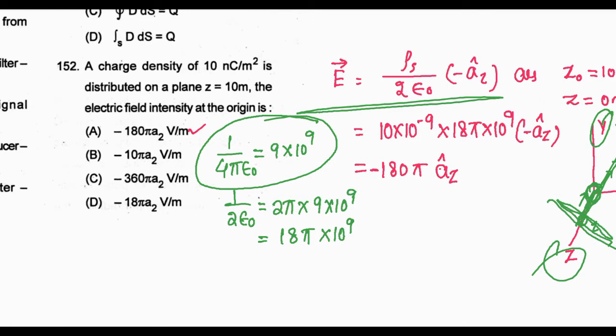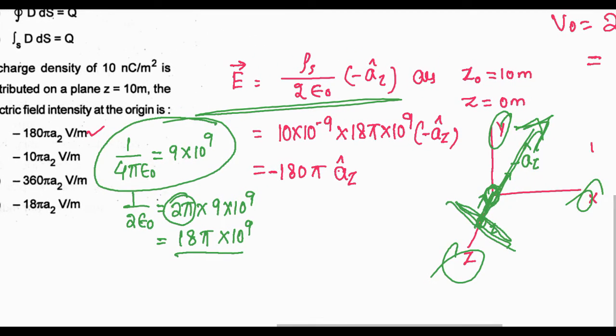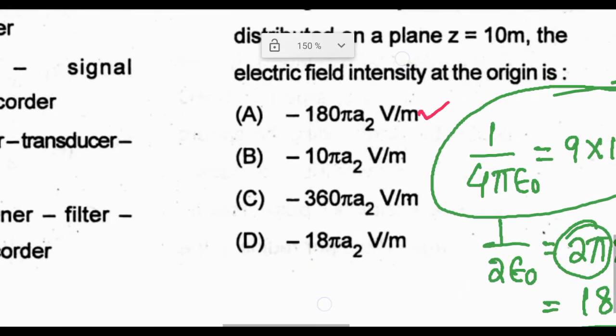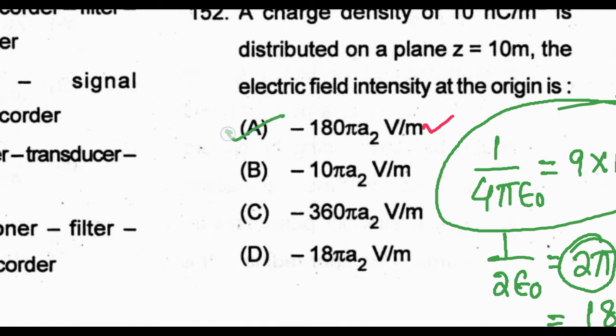So what will be 1 by 2 epsilon? This will be 2 pi into 9 into 10 to the power 9. So here I have taken 2 pi to the numerator. So this results in 18 pi into 10 to the power 9. So if we put the 1 by 2 epsilon value here, 18 pi into 10 to the power 9, what will be this value? Minus 180 pi az cap. So here in the option, minus 180 pi az cap.